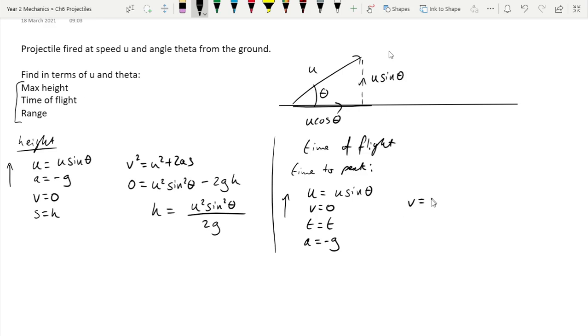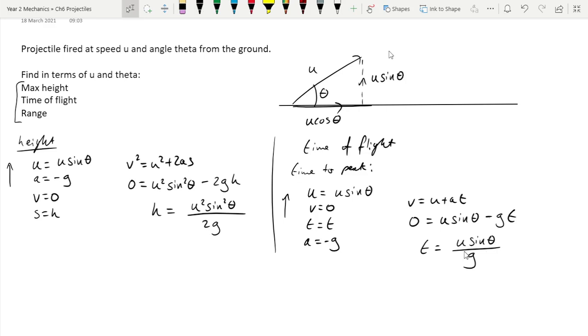So we can use v equals u plus at. 0 is then u sine theta minus gt. And then I can rearrange this for t. So t is going to be u sine theta over g.